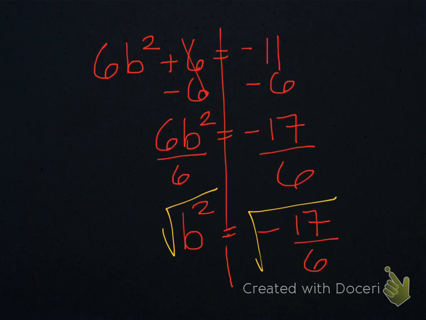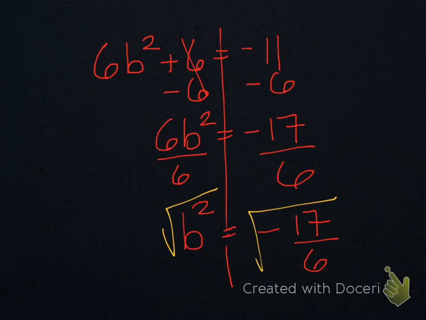So all you need to know is that you can't get the square root of a negative number, at least right now in Algebra 1, before we've dealt with imaginary solutions. I know I just said it, imaginary solutions.